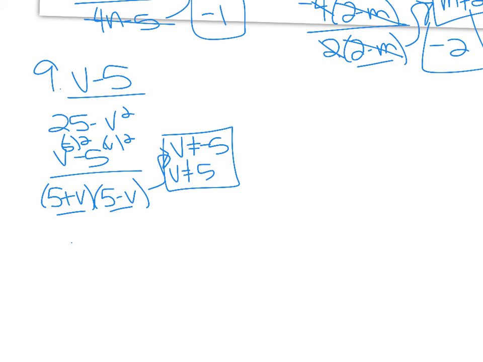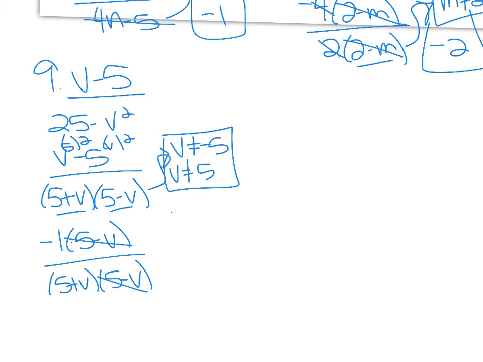Let's factor out a negative 1 from the numerator. When you factor out a negative 1, it allows me to flip those around. In my denominator, we'll leave the 5 plus v, we'll leave the 5 minus v. Now the 5 minus v's cancel out, so my answer is negative 1 over 5 plus v.